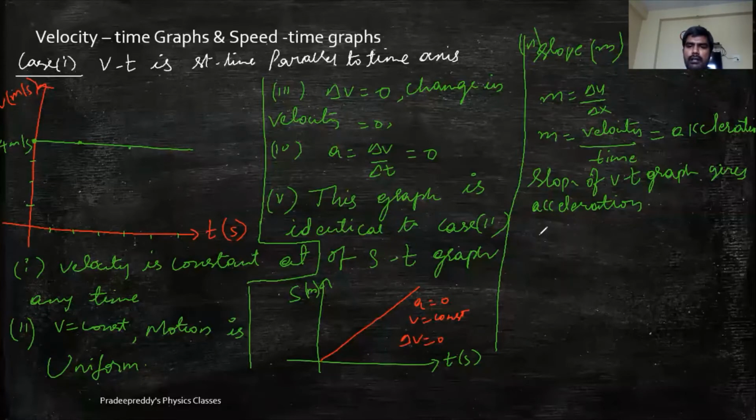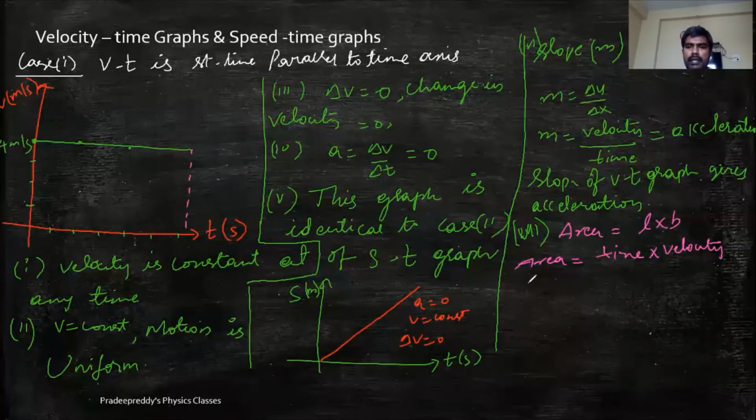And the seventh one: you can calculate the area also. Check it, this becomes one rectangle, and its area is length into breadth. You are taking time on the x-axis, so the length is identical to time. Therefore, the area is length, which is time, into breadth, which is velocity.